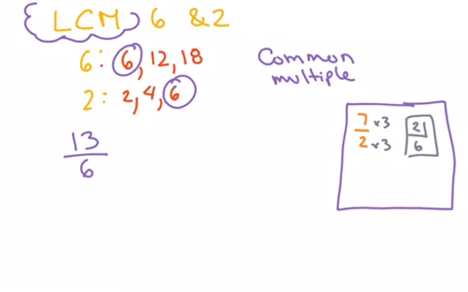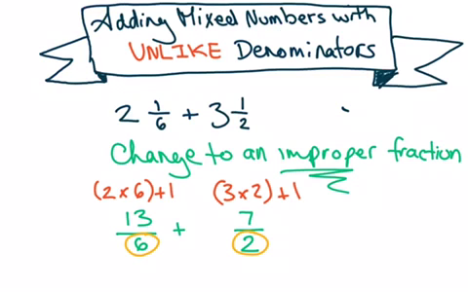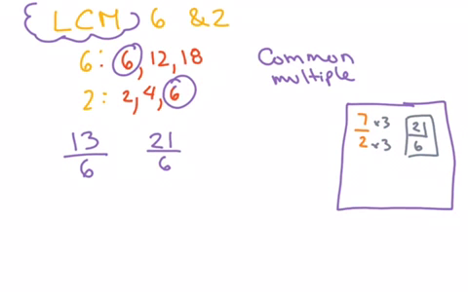So we have that one in purple. 21 over 6, okay? So we went from 13 over 6 plus 7 over 2 to 13 over 6 plus 21 over 6. Okay? All right, now we just add them.